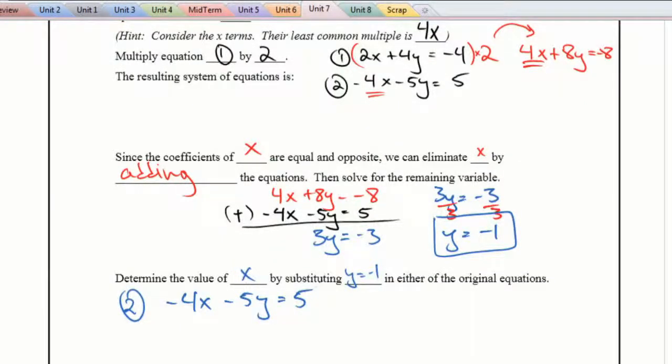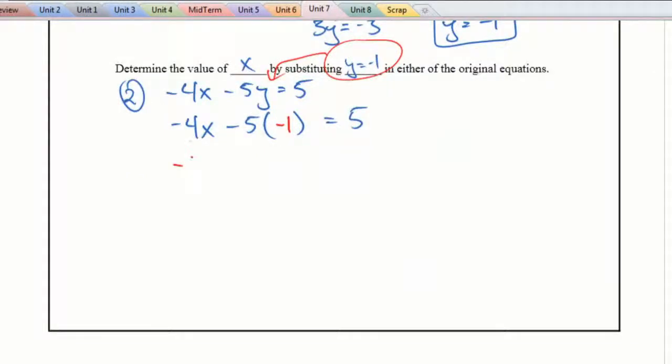And we're going to plug in this y is negative 1 in for anywhere there's a y. So I get negative 4x minus 5 times negative 1. So all I'm doing is substituting negative 1 in for y. And then I'm going to solve for x.